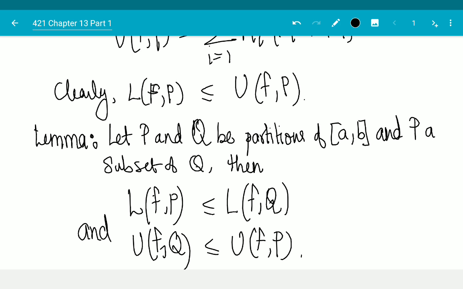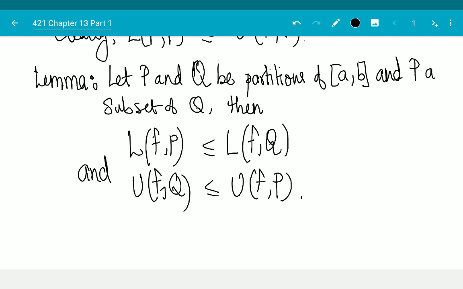So basically, if you make a finer partition, if you partition your set into even smaller intervals, your lower sum is going to become even lower, and your upper sum, no, sorry. P is a subset of Q. My bad.